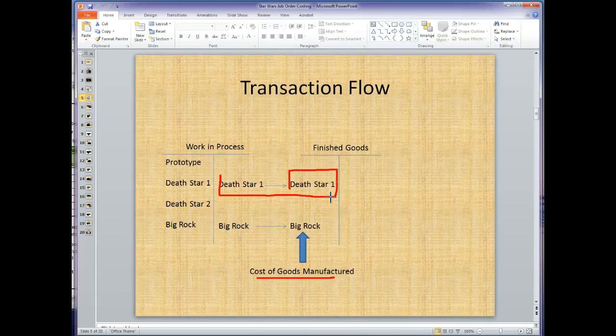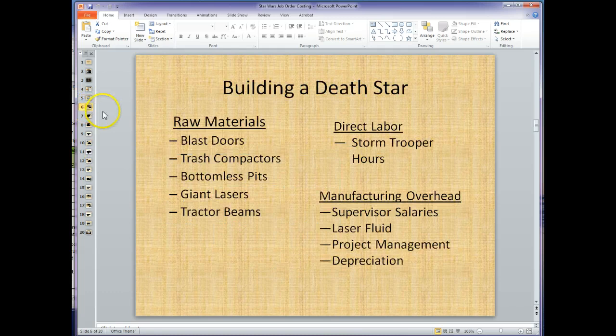Pricing, especially if you're in cost plus or even target pricing, you're looking for cost of goods manufactured. So right here what we're seeing is that we have two finished Death Stars. Death Star 1, the big rock. Now all Empire has to do is sell them to some people, and that's when it will go over to cost of goods sold, but that's a different video, which may never get made.